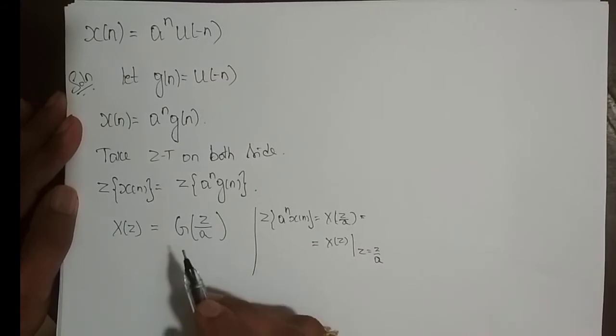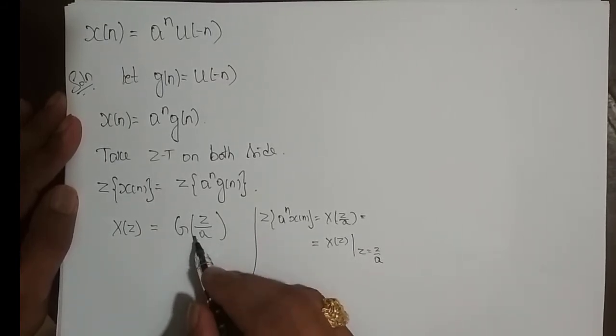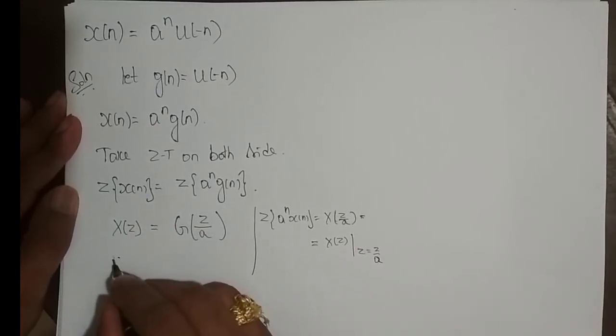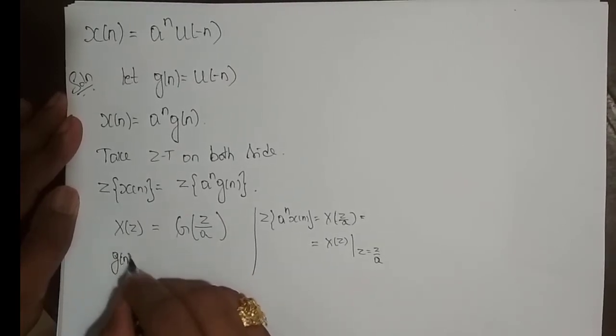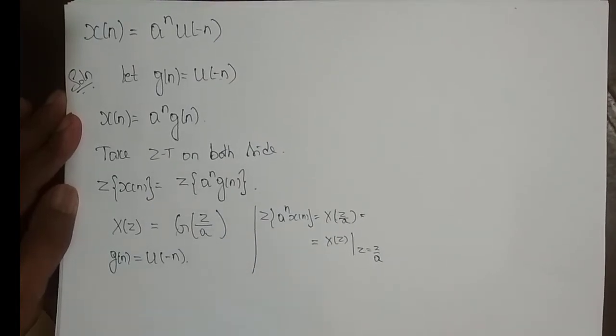In order to get G(z by a), I need to get G(z). Once I get G(z), in that equation wherever z is there, I need to replace it by z by a, right? Okay, now what is g of n? In the next step, I am trying to get G(z) here. So g of n is equal to u of minus n.